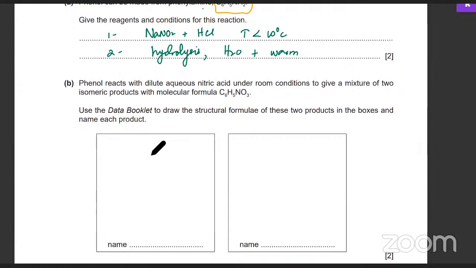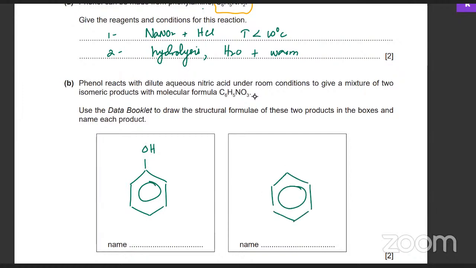Next one is phenol reacts with dilute nitric acid under room conditions to give a mixture of 2 isomeric products with the molecular formula C6H5NO3. Use the data booklet to draw this. So first thing, phenol, is it 2,4,6 directing or is it 3,5 directing? Is phenol an activating group or a deactivating group?